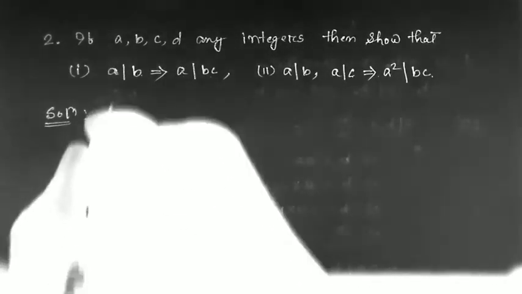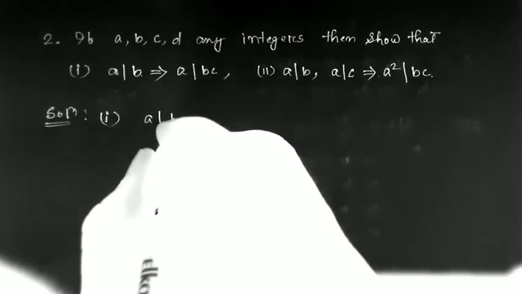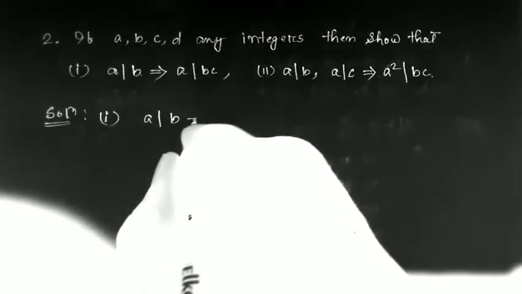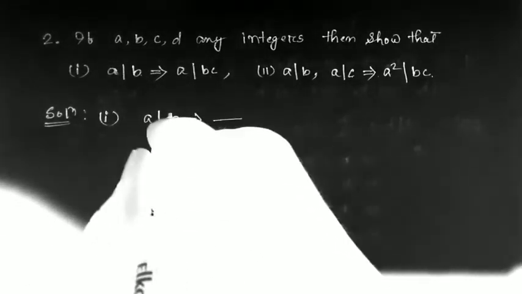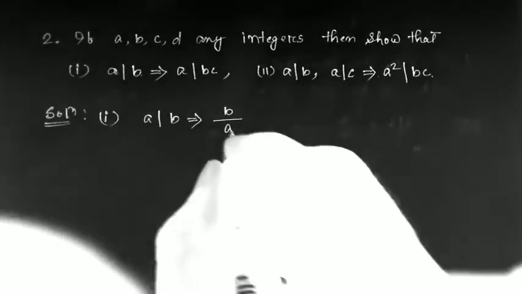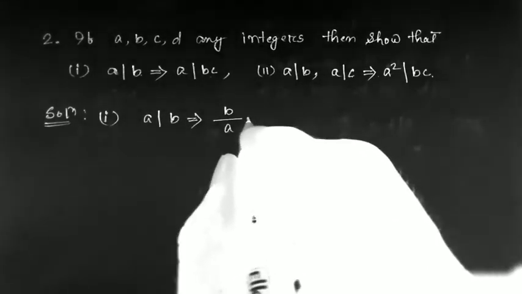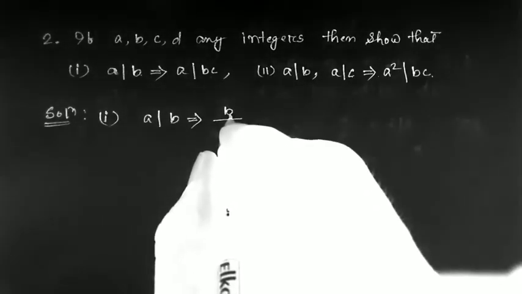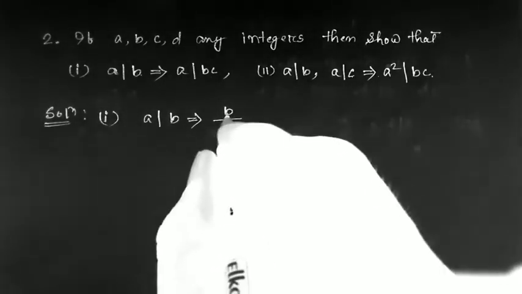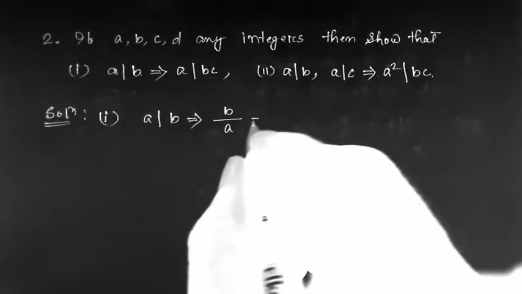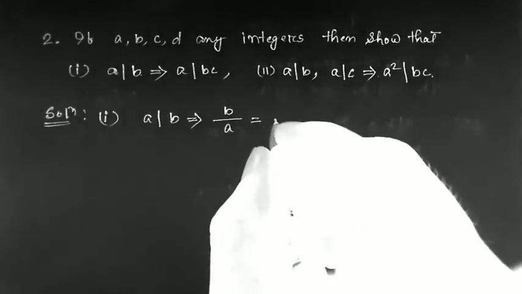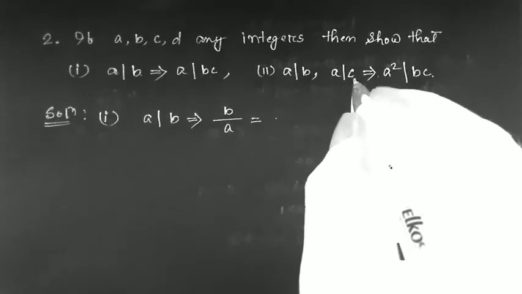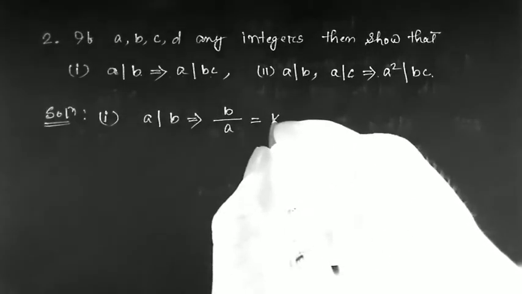So number one, we have a divides b. Again you can write it this way: a divides b means b by a, no? So if a divides b, then we get some integer, and since c is there this time, we can take k.